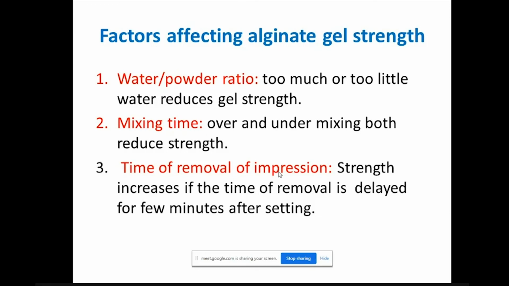Mixing time: increasing or decreasing the mix can reduce the strength. Time of removal of the impression: if you delay it intraorally a few minutes, it can increase the strength during removal.